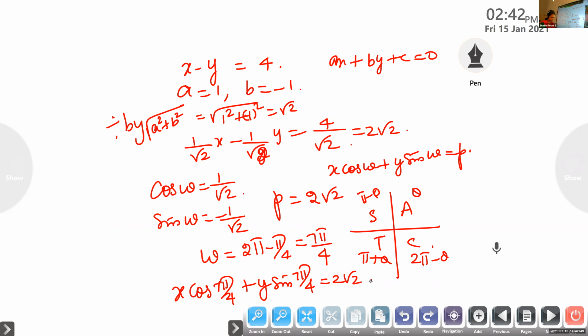Write the next one. Reduce the equation in normal form.